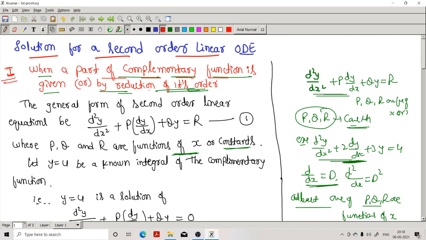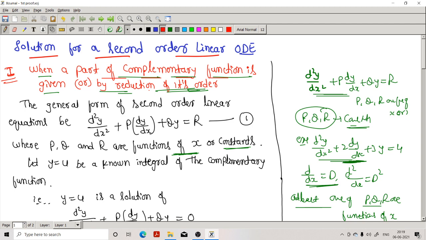So I have tried to explain generally how to find a solution for a second order linear differential equation with the method used when a part of the complementary function is given. If you have any queries or doubts, you can text in the chat box.